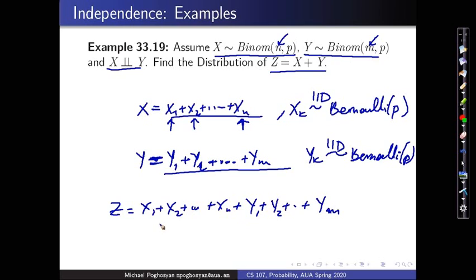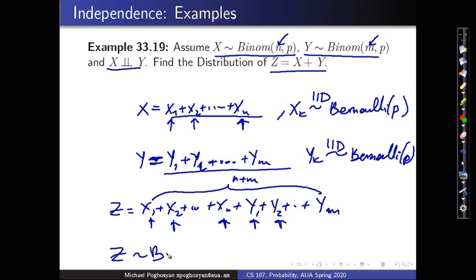So I will have Bernoulli(p), Bernoulli(p), and so on, and the number of these is n plus m. They are independent, so I will have that z is binomial(n plus m, p).